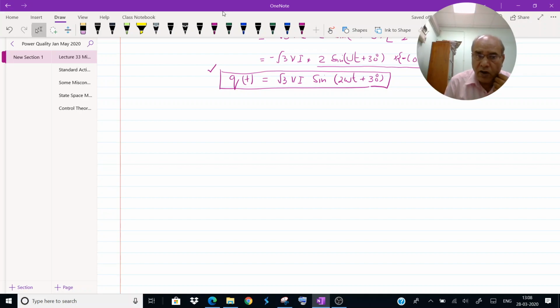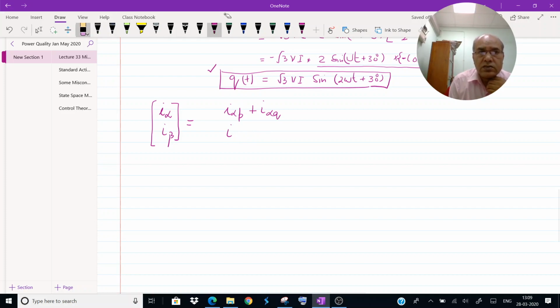Okay, so now we know p and q, we directly find the alpha beta. We already know i alpha and i beta by the alpha beta transformation is nothing but i alpha p, last time we proved it, i alpha q, i beta p and i beta q.